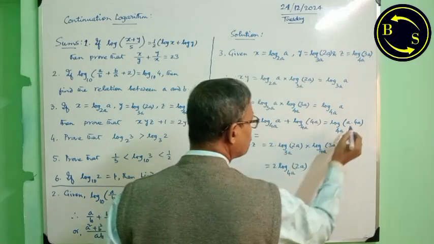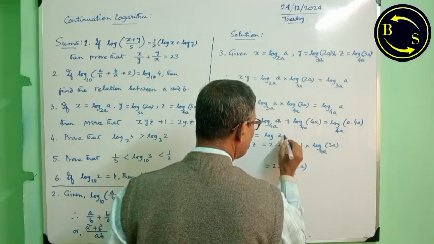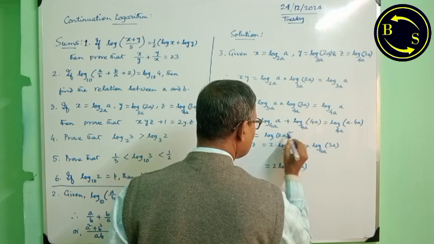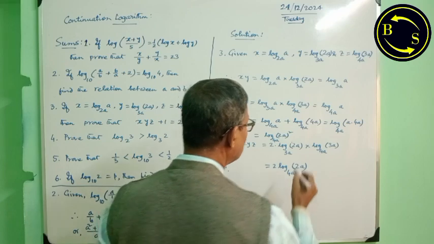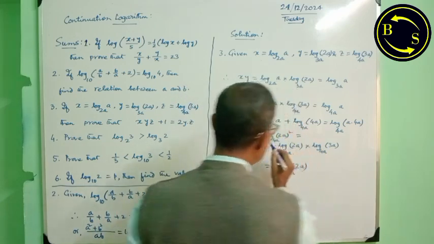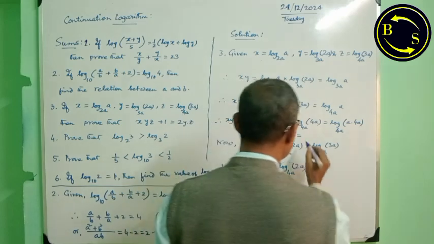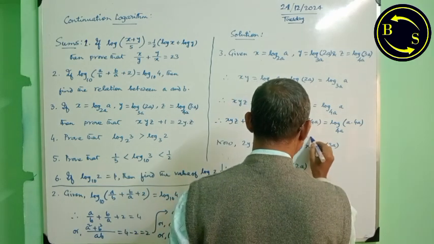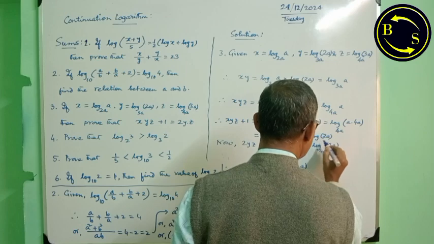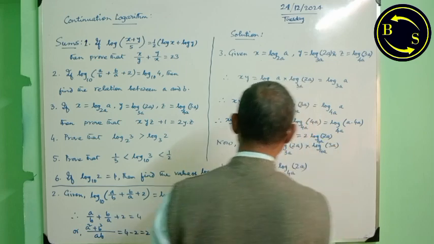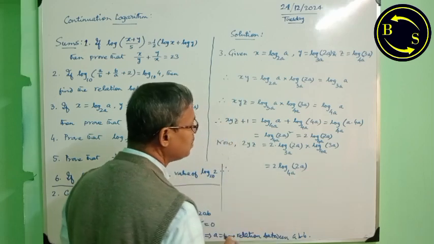That is equal to log of 4a square, that is (2a) whole square, to the base 4a. Now log of a to the power n is equal to n log a. That is why it will be 2 log of 2a to the base 4a. Now we see both right sides are equal.